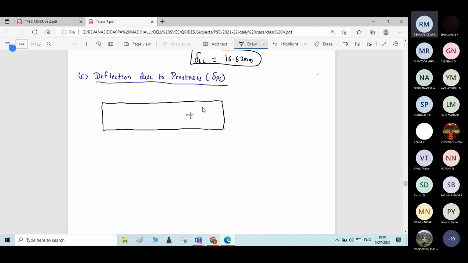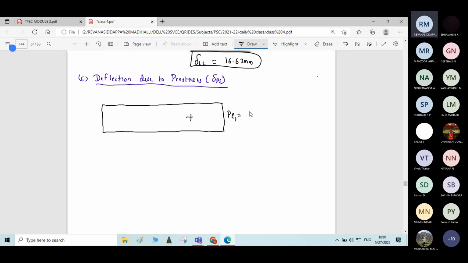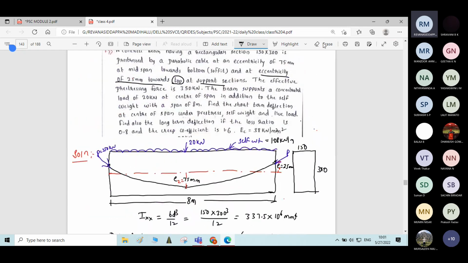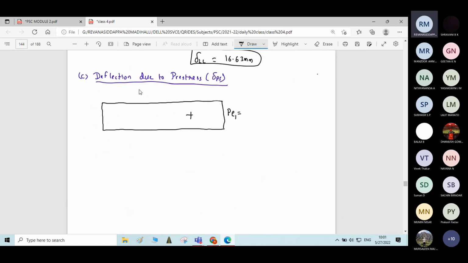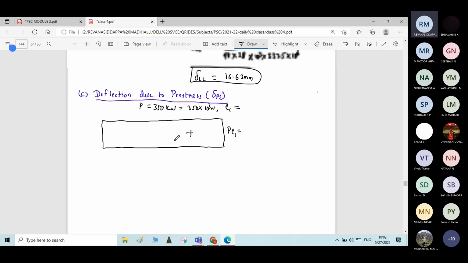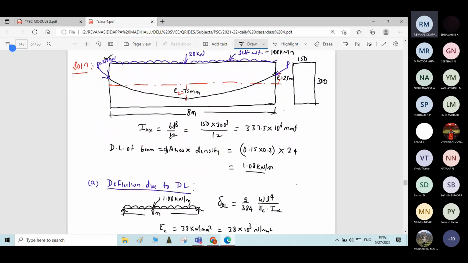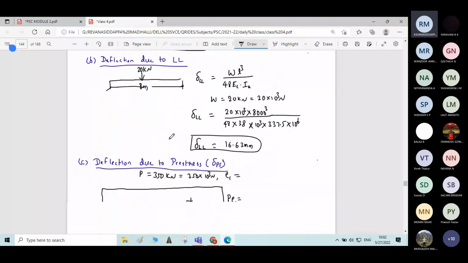This will be positive sign here, P into E1. Prestressing force P is given as 350 kilonewton, that is 350 into 10 power 3 Newton. And eccentricity E1 at the support is 25 mm and E2 is 75 mm.